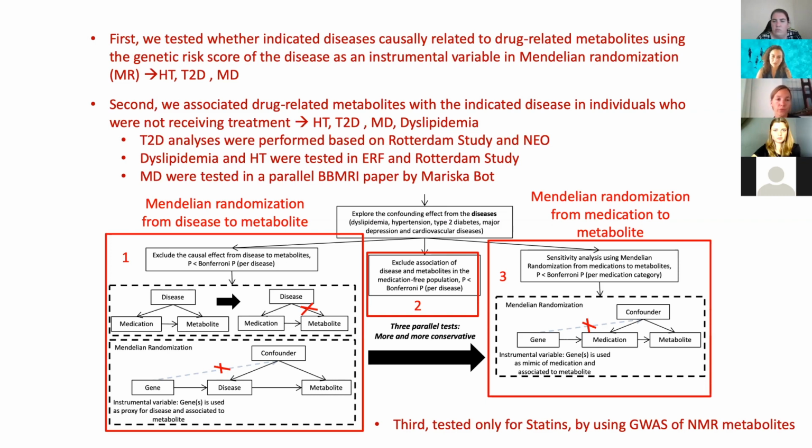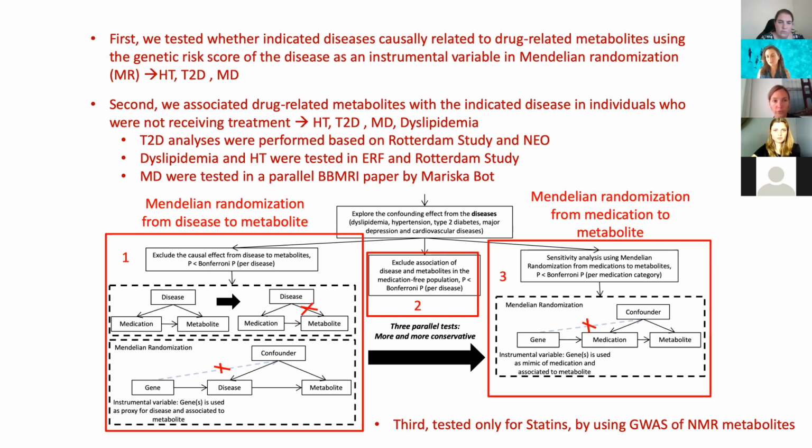And sometimes we had to use individual data for some of this analysis, and then we could only use the Erasmus Rucphen Family study and the Radboudumc study, of which we had access to the individual data. And finally, for major depression, luckily there was a paper running in parallel by Mariska Bot, and this is what we used for testing these effects for depression.